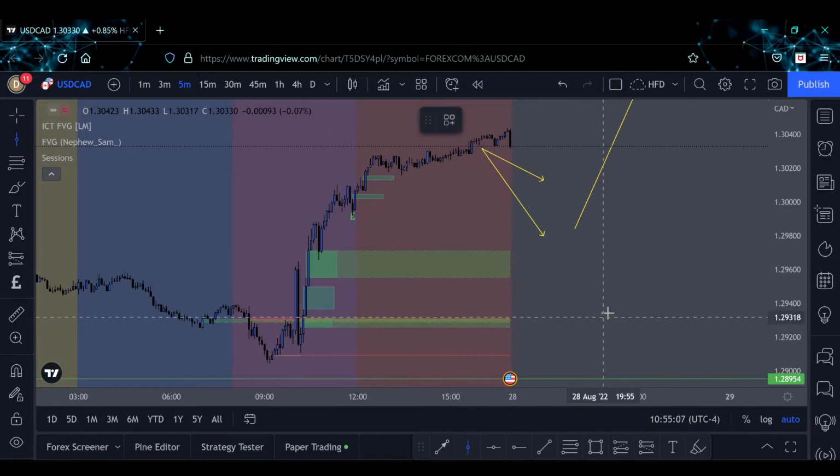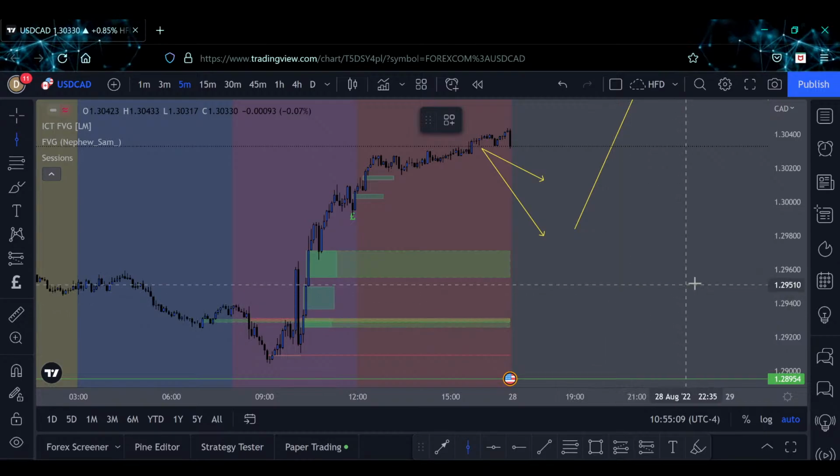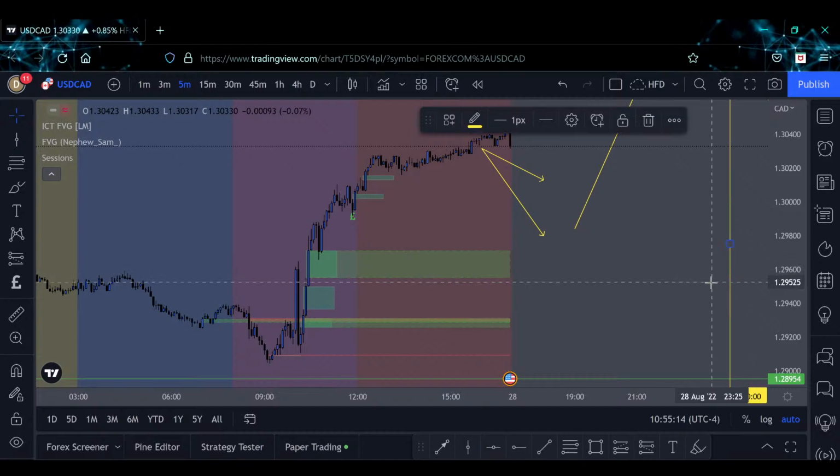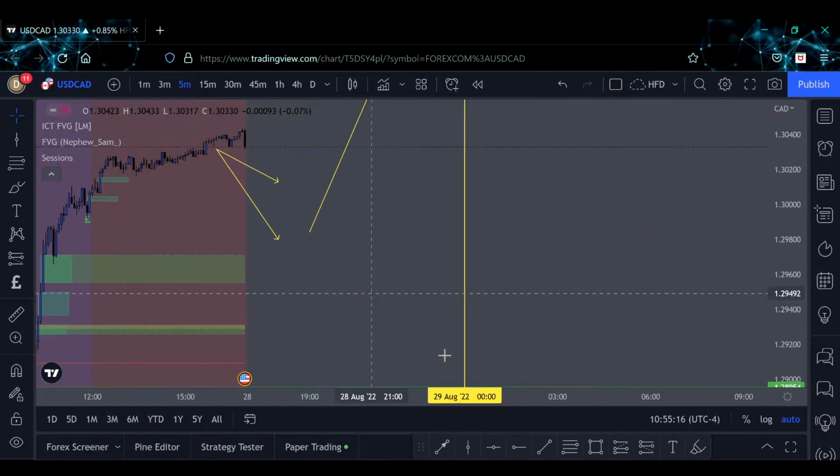Sweet. 29th is going to be next. Yeah, hold on, that's for the midnight candle.